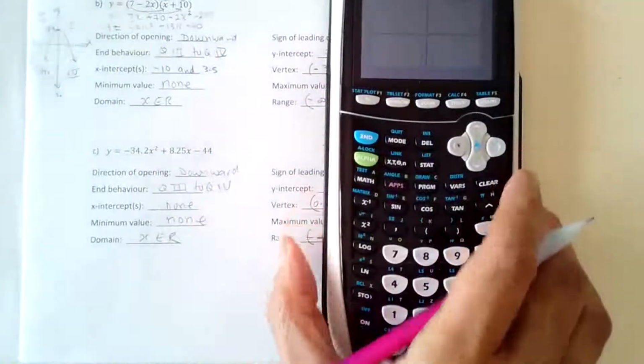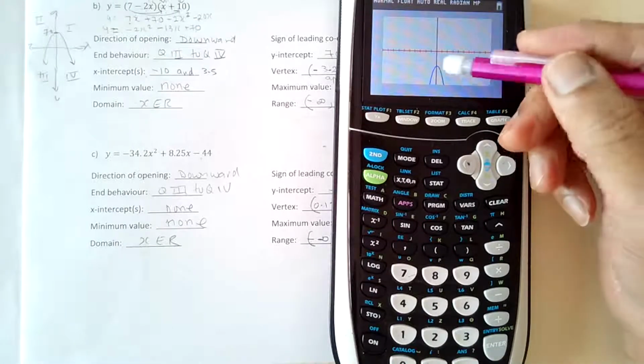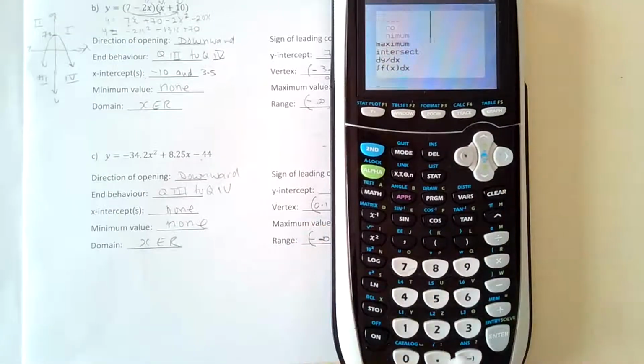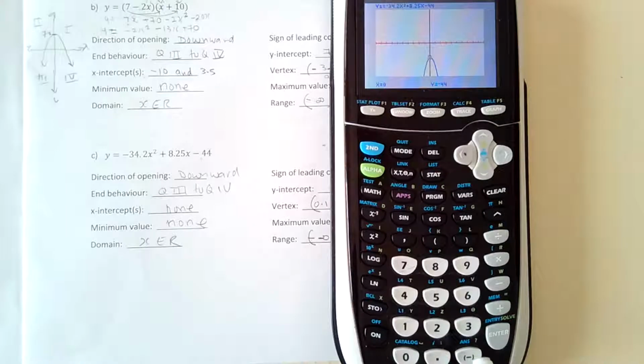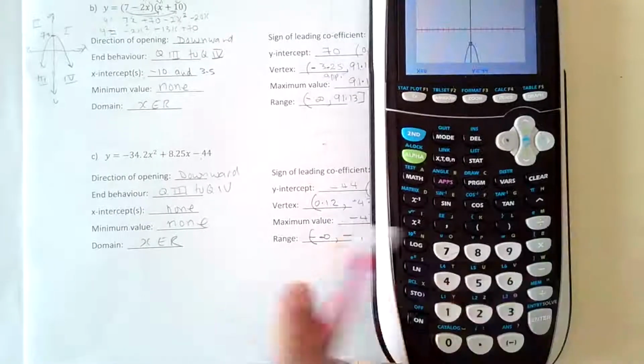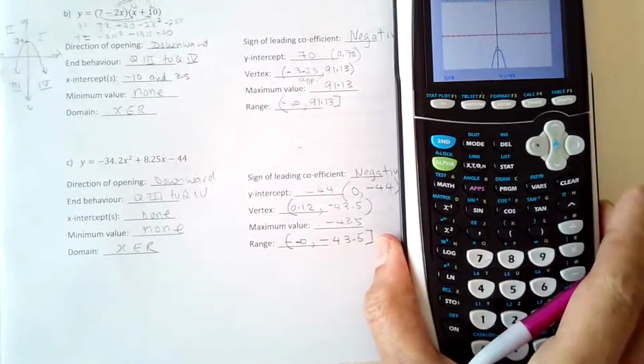With your graphing calculator, there's no x-intercept. So we'll find our y-intercept: second trace. X equals 0, y equals -44. This is what we have here. Let's move over here so we can see.